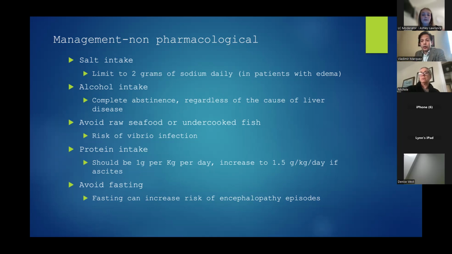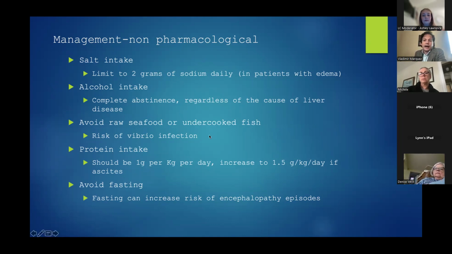How do we manage, or what are our general recommendations? Limit salt intake to 2 grams of sodium, especially in those that have some swelling going on. In patients with advanced liver disease, alcohol intake should really be prescribed against. We should aim for complete abstinence, regardless of the cause of the liver disease.